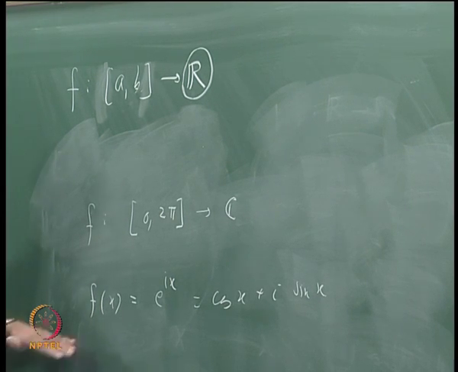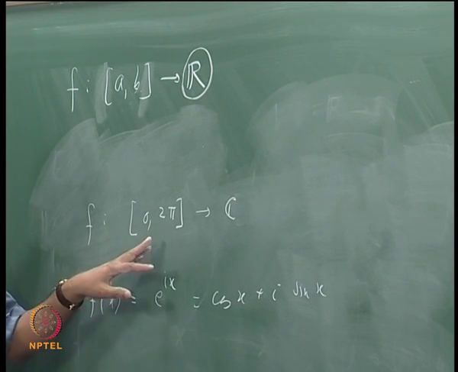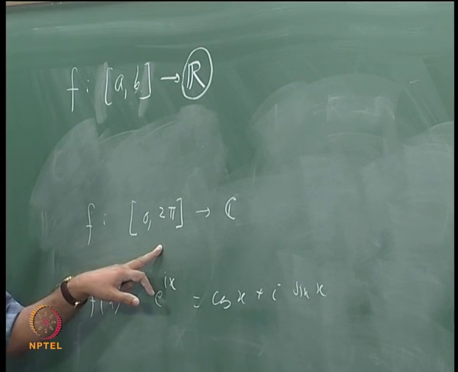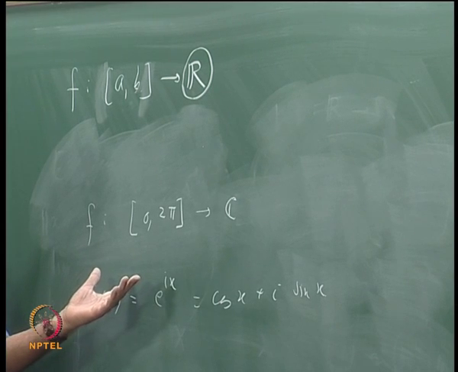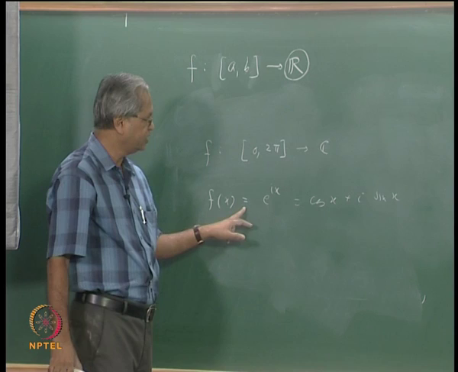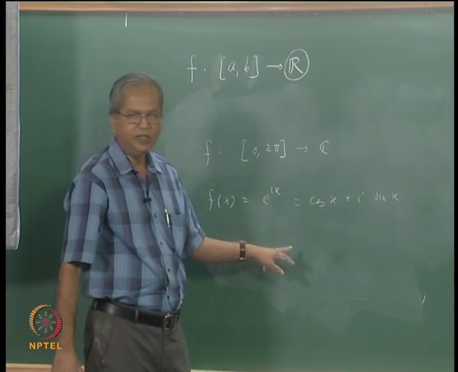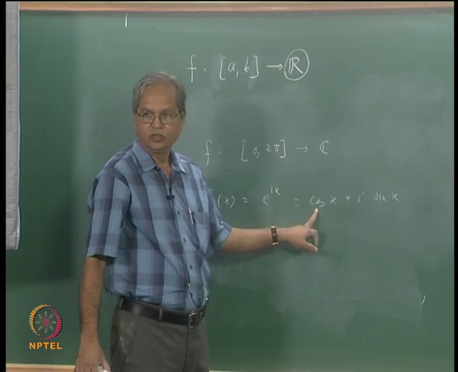Is this function continuous on 0 to 2 pi? Is it also differentiable? We can use what we showed just now. It is a complex valued function. It is differentiable if and only if its real and imaginary parts are differentiable, and the real and imaginary parts are nothing but cos x and sin x.